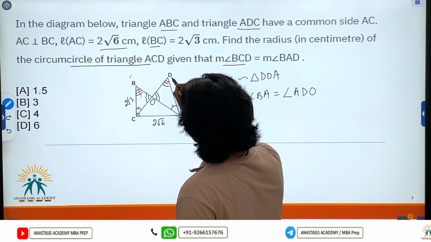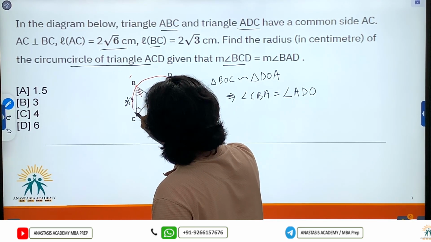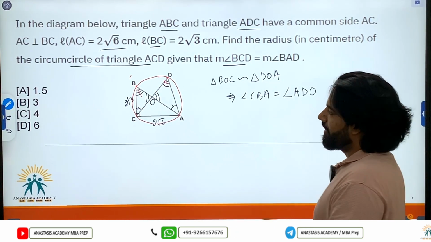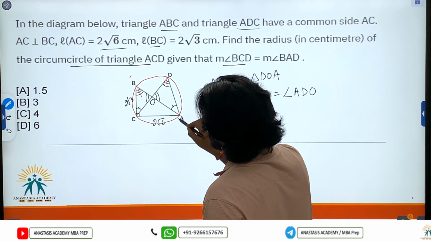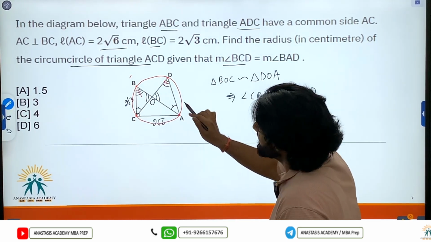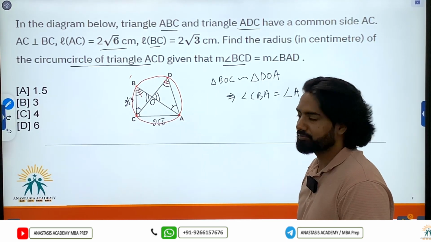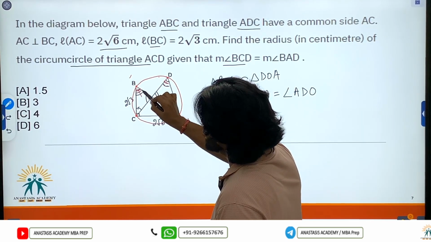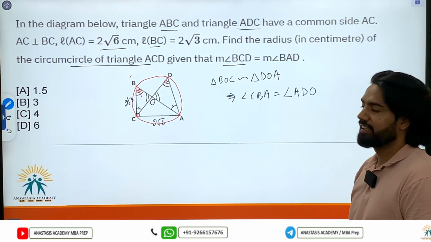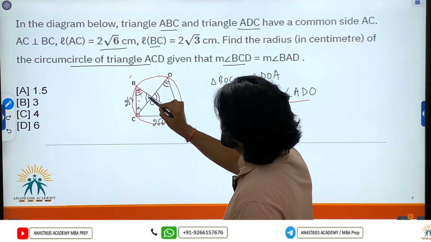Let's draw the circle. This would be the required circle. Now when I have drawn this figure, we can see that if I consider AC as a chord, angle CBA must be equal to angle ADC, and we have established this relation already by proving the two triangles similar.